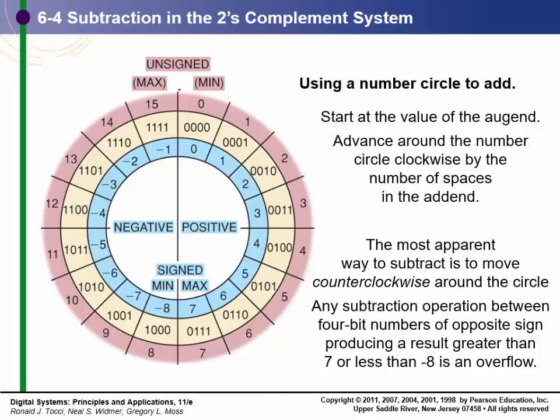As we go this way, we go -1 at a time, but as we cross here, we go from +7 to -8. So as we move counterclockwise it's apparent, but as soon as we cross this boundary, we do a jump of 16. It just creates a problem with this overflow situation.